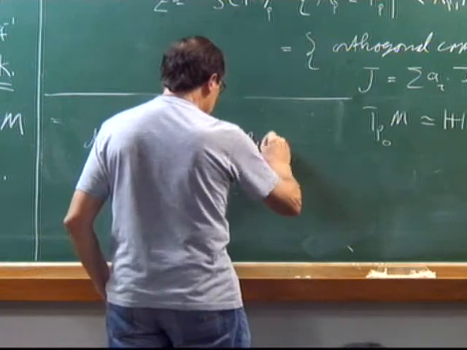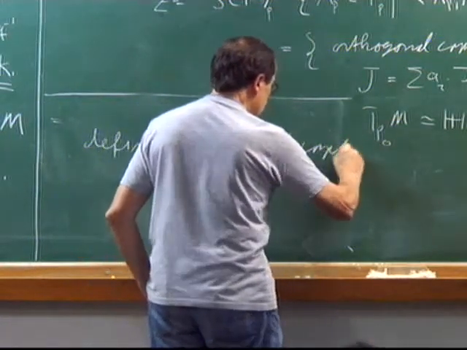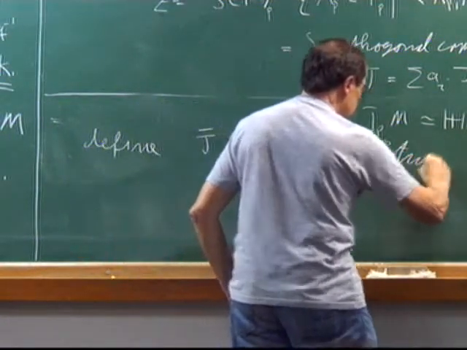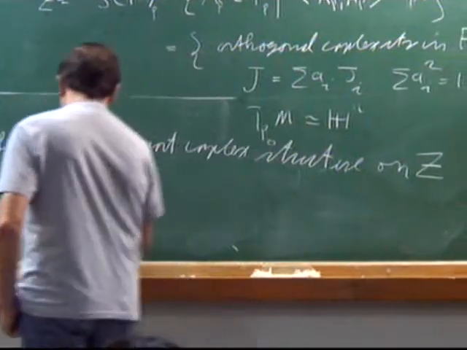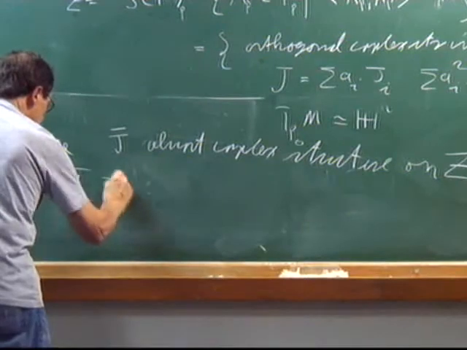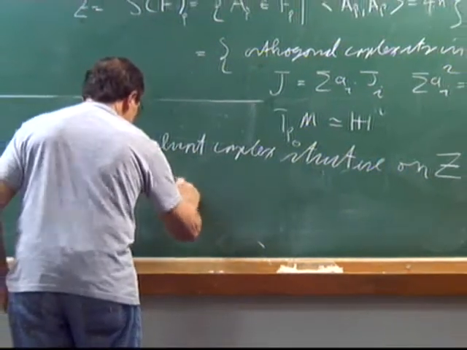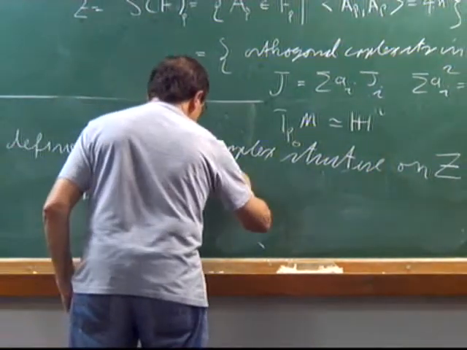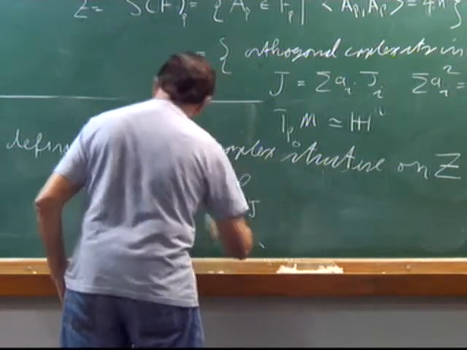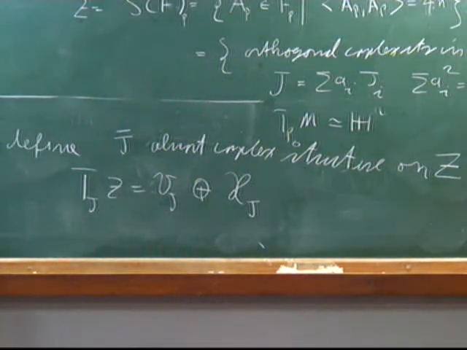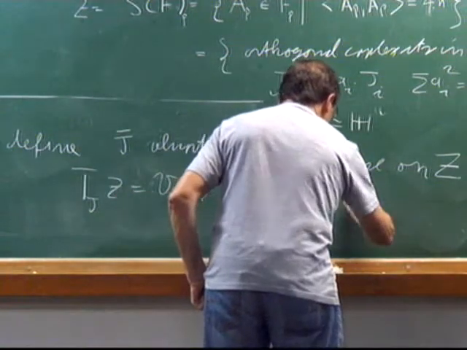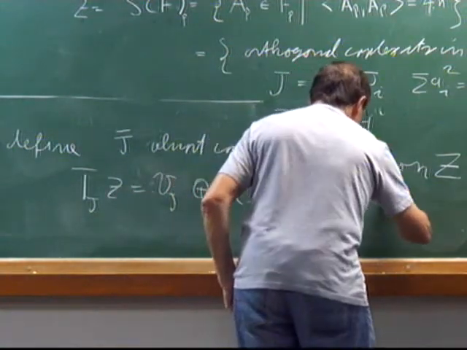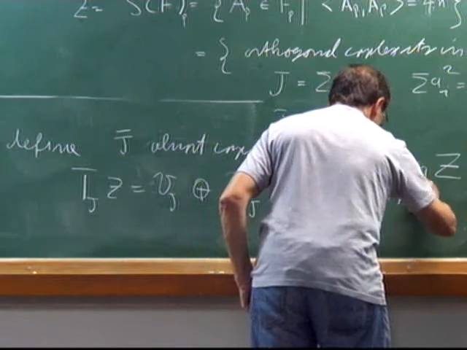That's an almost complex structure on Z. So my tangent space of Z at a point is the vertical space at J, the orthogonal direct sum with the horizontal space at J. And on the vertical space, I choose the complex structure on CP1.